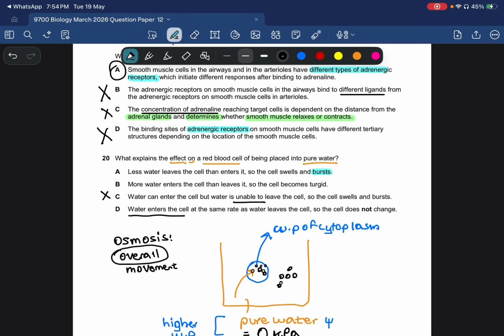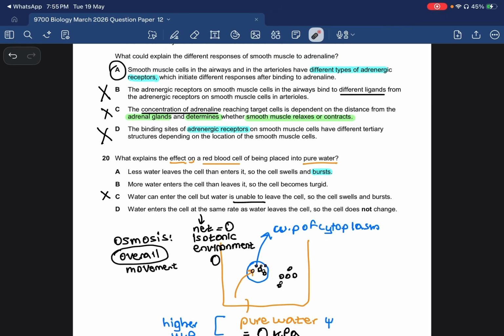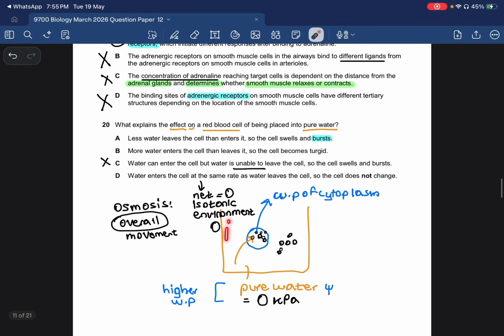Now, D: Water enters the cell at the same rate at which it leaves the cell. No, in that case the net movement would be zero, right? This is what we call an isotonic environment wherein the osmosis is zero. Think about when this could happen. When the water potential outside and inside is the same.